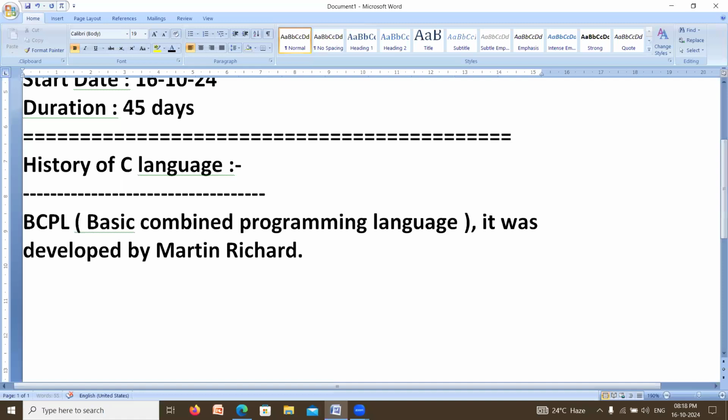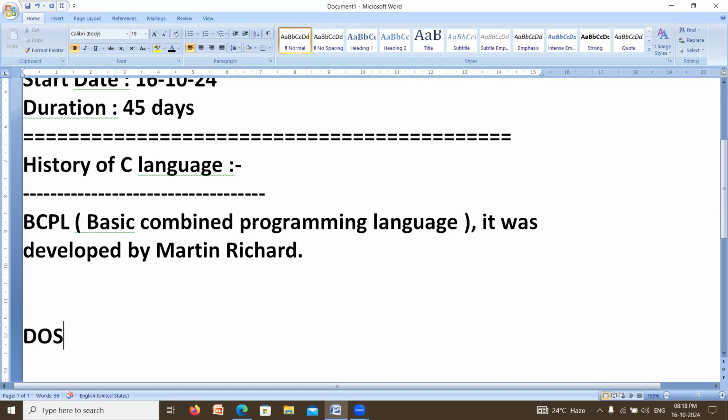At the time of BCPL, they were using one operating system that is called DOS. So in every computer, there should be an operating system and a processor. Processor in the sense hardware, operating system in the sense software.